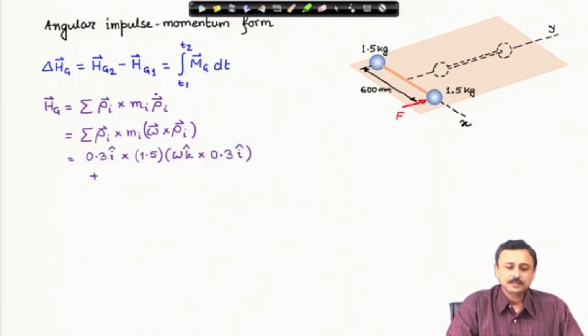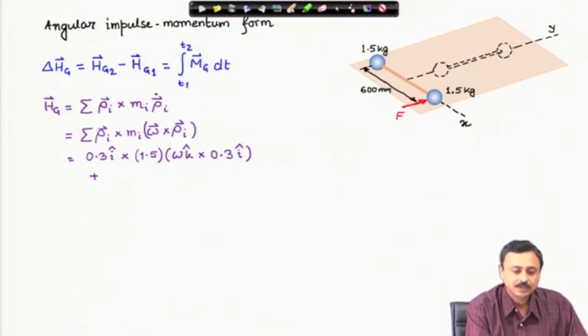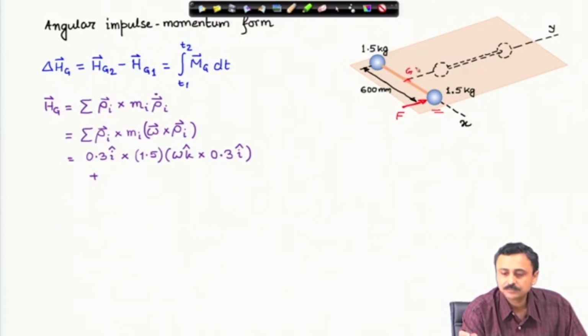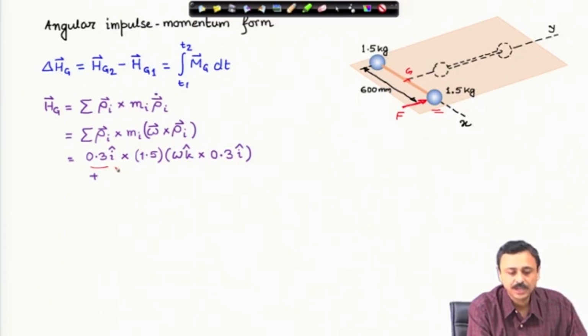Therefore, I can substitute these vectors for the two mass particles. For the first mass particle, this one, the position vector from the center of mass, which is somewhere here, is 0.3 i cap meter, and this is in cross product with the mass times omega.